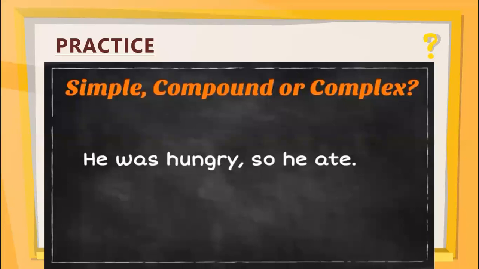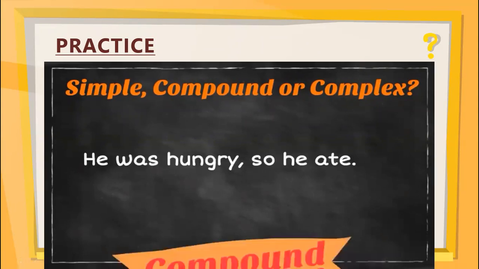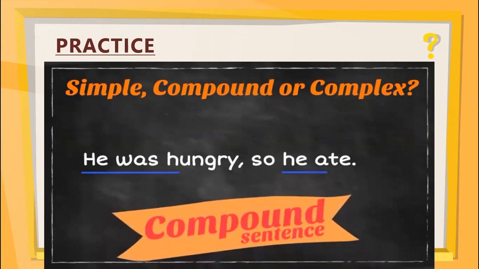So is "so" one of the rabbits or one of the fanboys? One of the fanboys. So it's a compound or complex? Compound. Yes, that's it. Easy, right? It's a compound sentence. It has two independent clauses, both completed thoughts, joined using the coordinating conjunction "so".